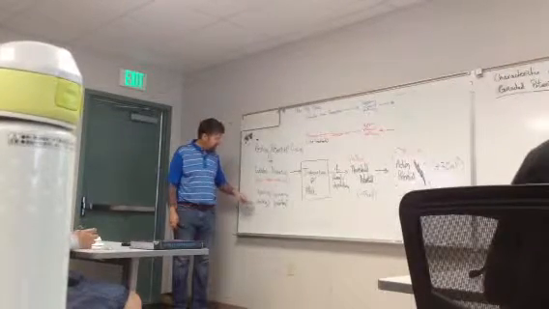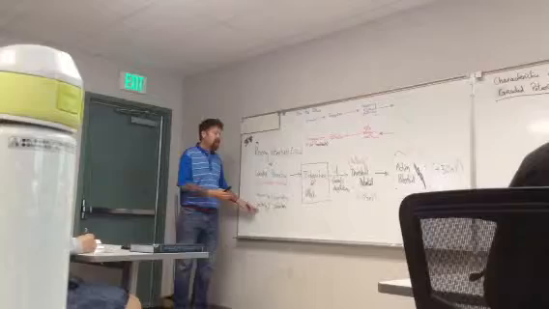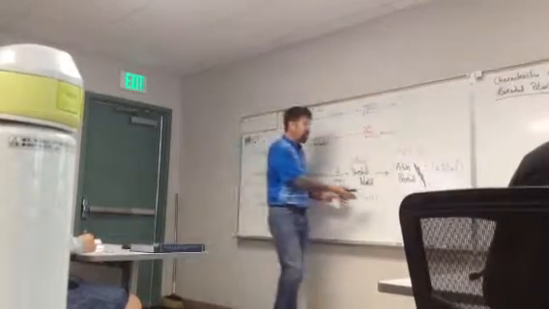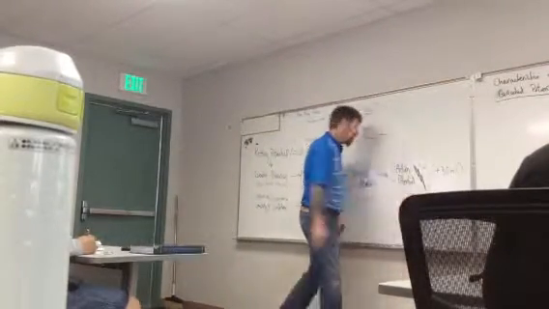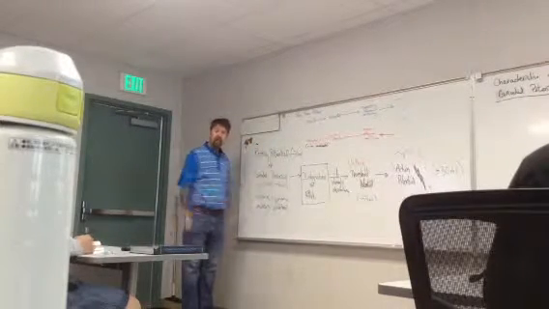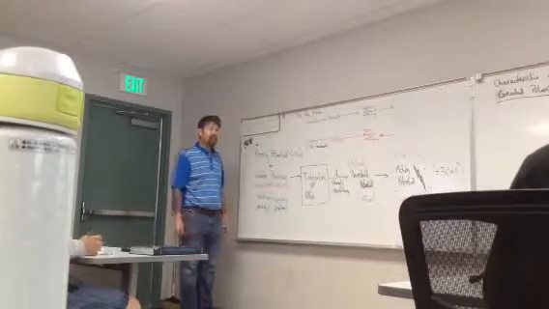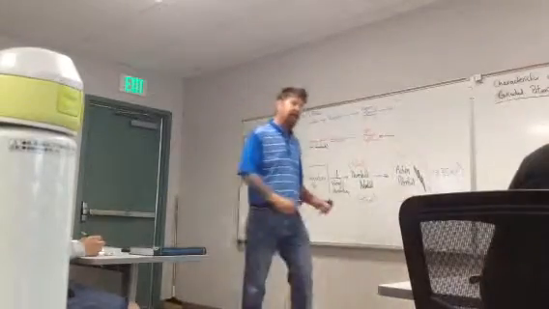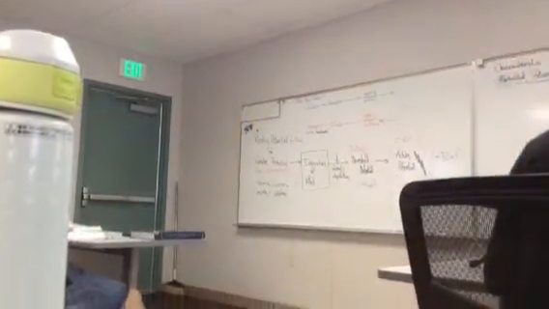And they can either be depolarizing and potentially trigger an action potential, or they could be hyperpolarizing and inhibit the action. You okay with that? Now, let's see what we have here.